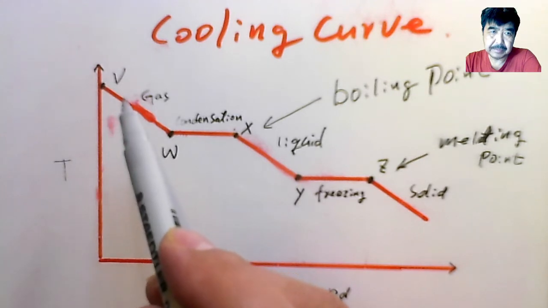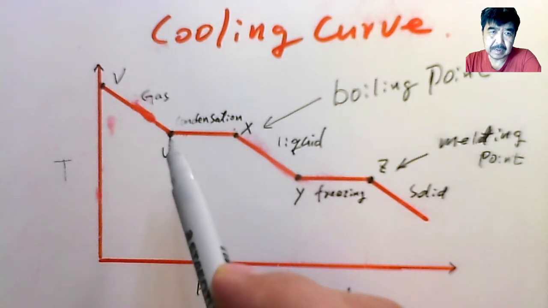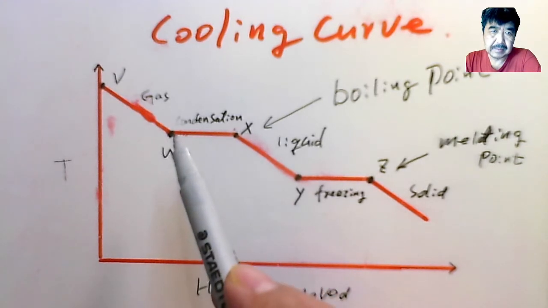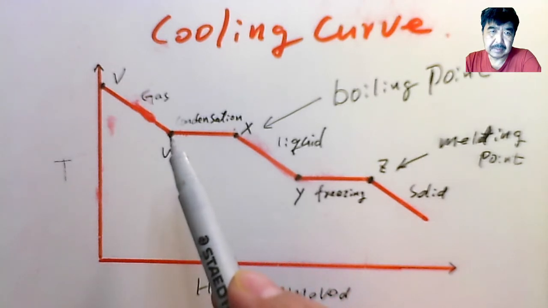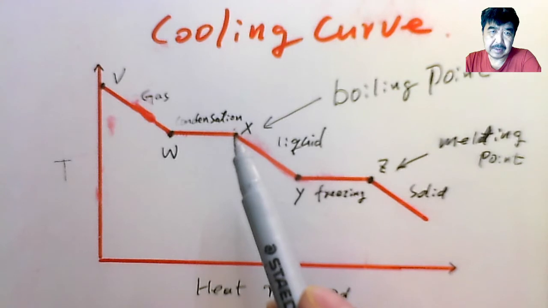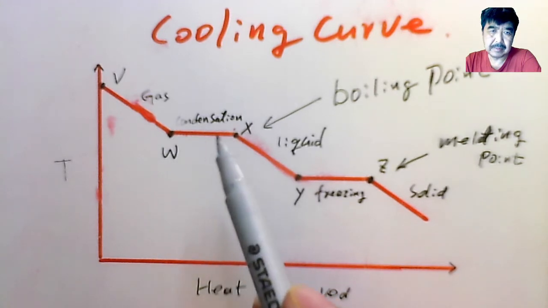Then we drop the temperature from V to W, and the gas starts to condense at point W. Although we still remove the heat, the temperature keeps constant from W to X, as the gas condenses until all the molecules become liquid at point X. This is condensation.